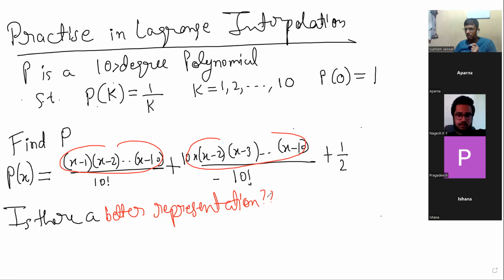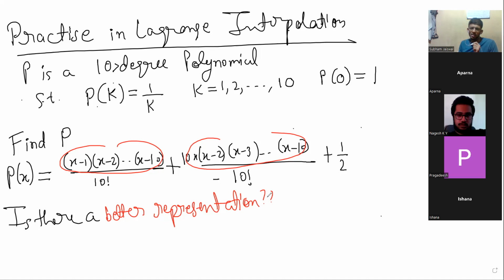Has anybody thought of doing this in a different way? The hint is to try to do it from the perspective of roots. If the degree of the polynomial is a lower number, like 2 or 3, then you can use the sum of the roots and the product of the roots.